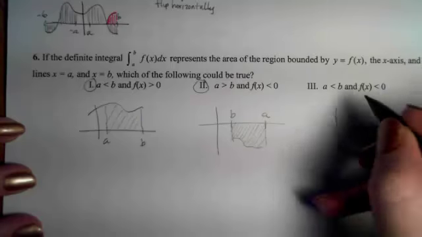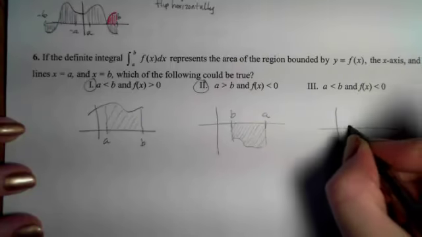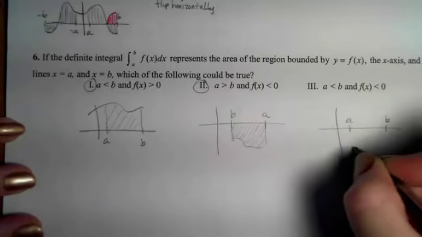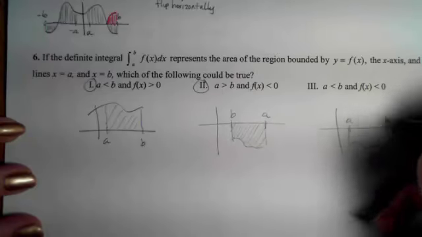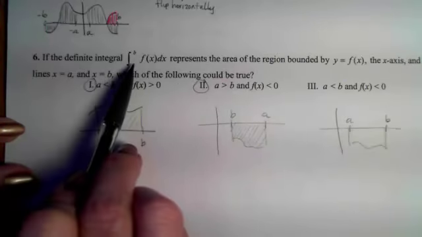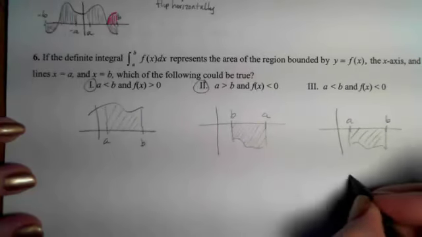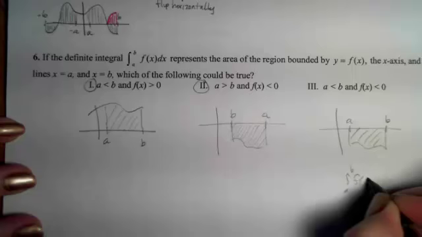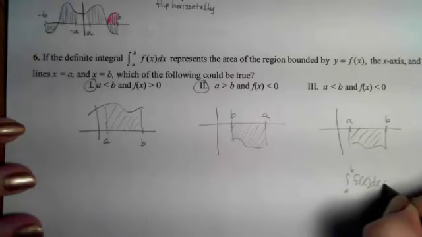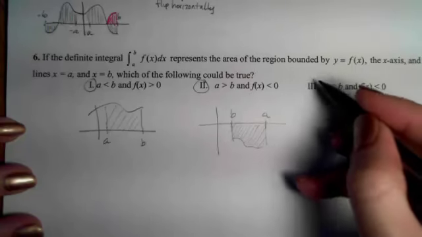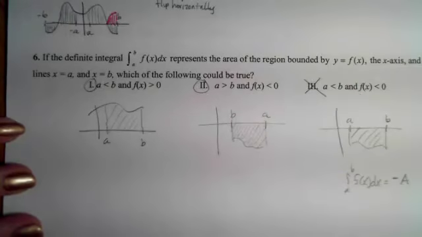The third one is I've got a less than b, and f is negative. So in this case, if I accumulate from a to b, I'm going to get a negative number. So the accumulation from a to b on f will actually be the opposite of the area. So this one is not going to be the same as the area.